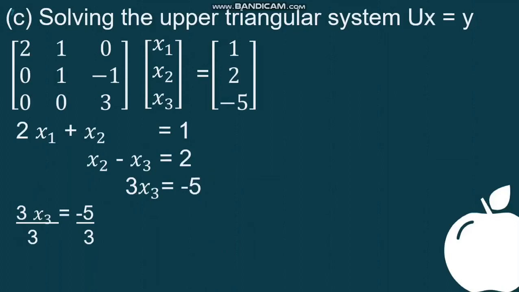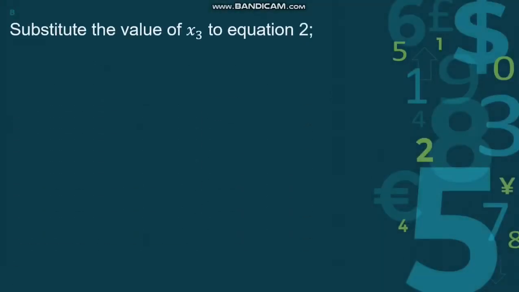To get the value of our x sub 3, we will divide both sides by 3. Then, we will get negative 5 thirds. Substitute the value of x sub 3 to equation 2 to get the value of x sub 2. That is, x sub 2 minus x sub 3 is equal to 2.